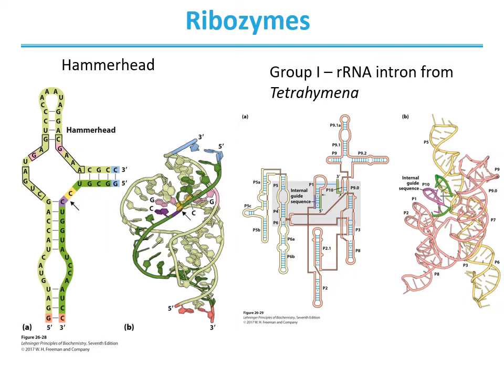Their general mechanism follows nucleophilic attack of a sugar OH on phosphates followed by phosphodiester bond hydrolysis. Some well-characterized ribozymes are hammerhead ribozyme, self-splicing group 1 intron, and RNase P.